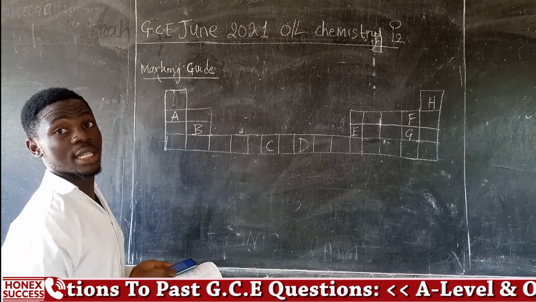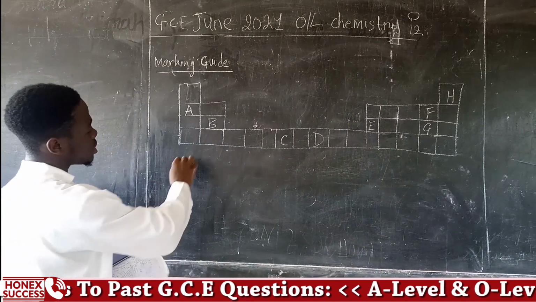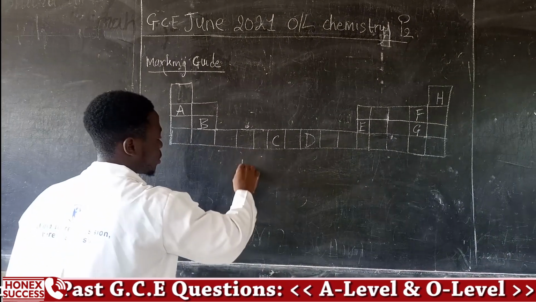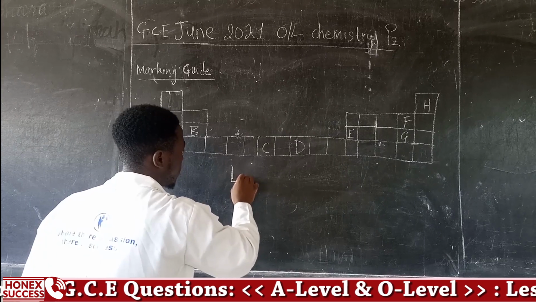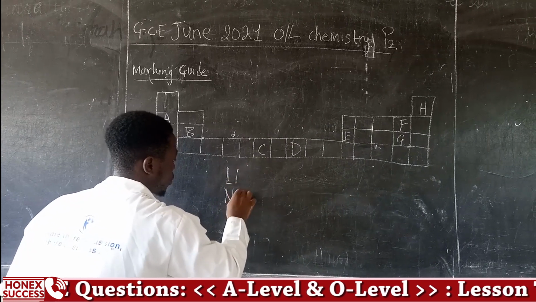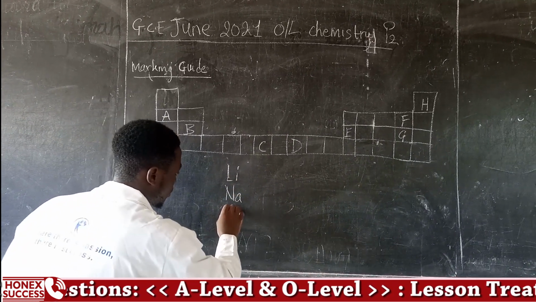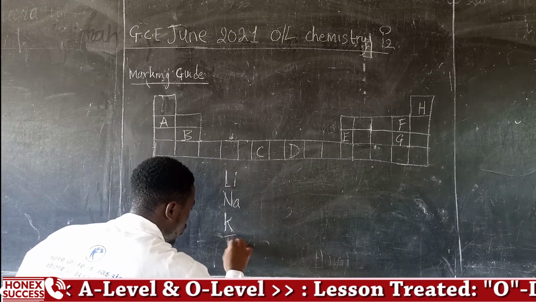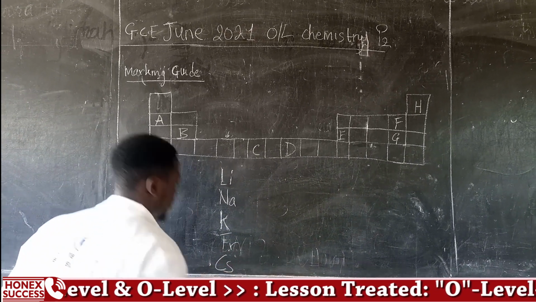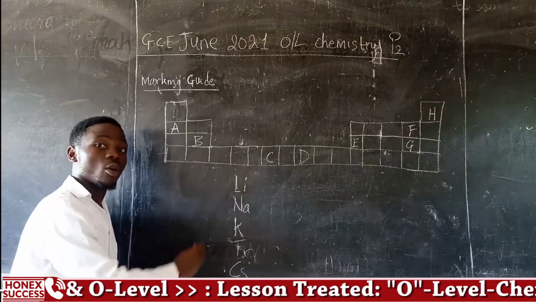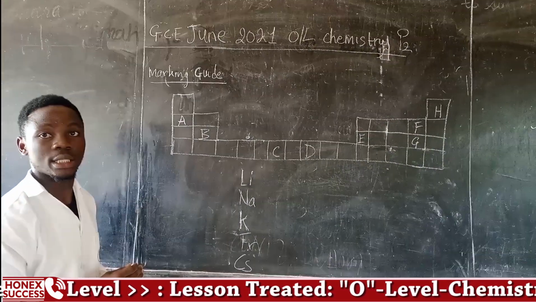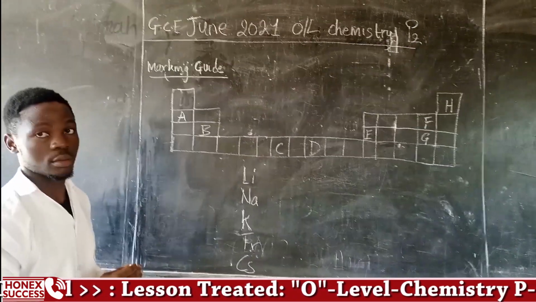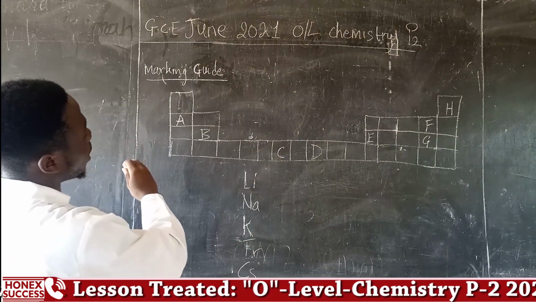Now, group 1 elements comprise of lithium, sodium, potassium, francium, and cesium. These are the elements that comprise of group 1 elements.